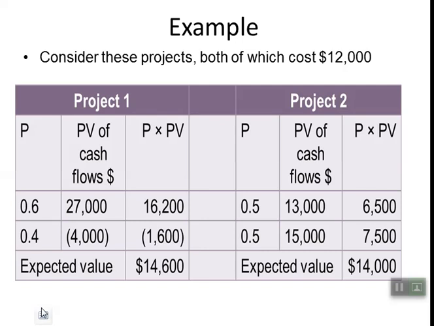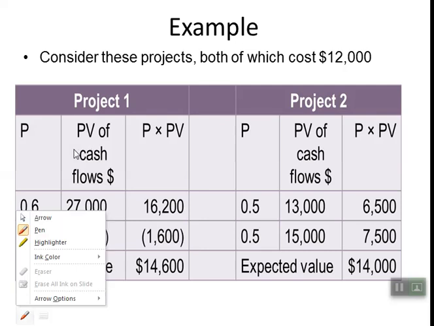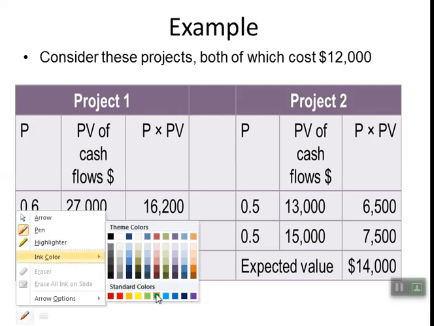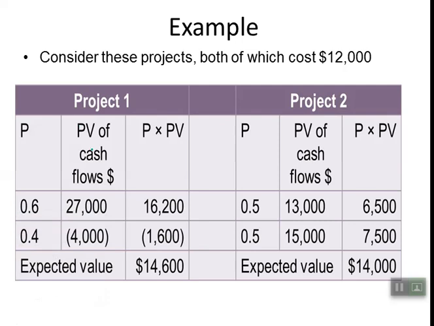So let's look at this simple example on how to use this. So this is our cash flows. We have two projects, project 1 and then project 2. And each project requires this for investment. So both projects cost this.